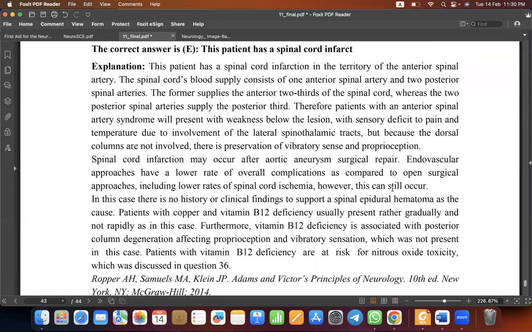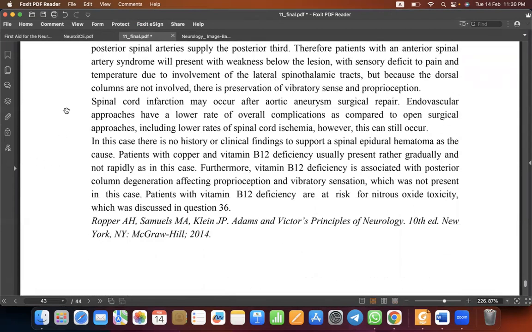The former supplies the anterior two-thirds, the latter supplies the posterior one-third of the spinal cord. The patient has weakness below the lesion with pain and temperature involvement, sparing the dorsal column, typical of anterior spinal artery occlusion. It could happen whenever we are going to do an abdominal aortic aneurysm repair.